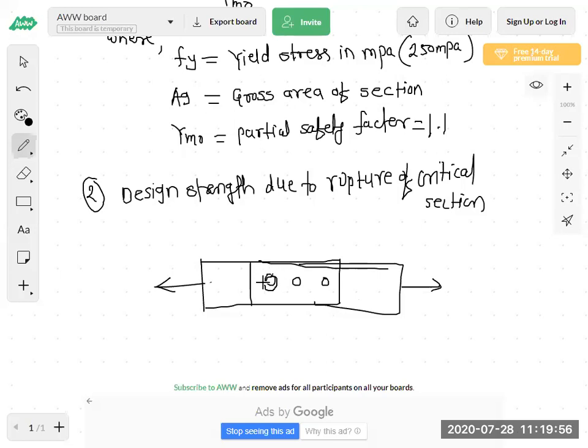At that time the area of this plate is increased, and due to the increasing area there may be such cracks, and the rupture failure will occur. That is nothing but the rupture, and that will be in a critical section.